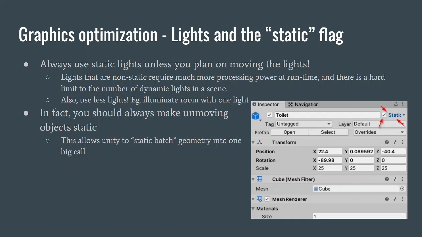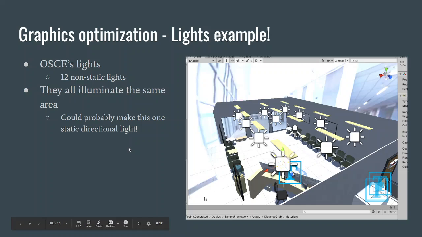But anything that's like walls or objects on the ground, you should always make them static, because Unity, when they pass the geometry to render to the GPU, anything that's got this static flag checked will be batched together, so you can reduce draw calls pretty substantially. You can make some pretty impressive performance increases just by doing this one simple thing. You just go through all your things, and if they're never going to move, make them static. It's really simple, and it really makes a huge impact. So just something to keep in mind when you're making scenes.